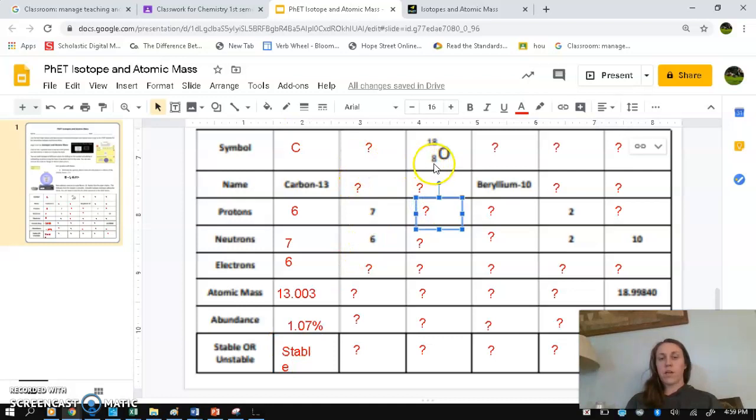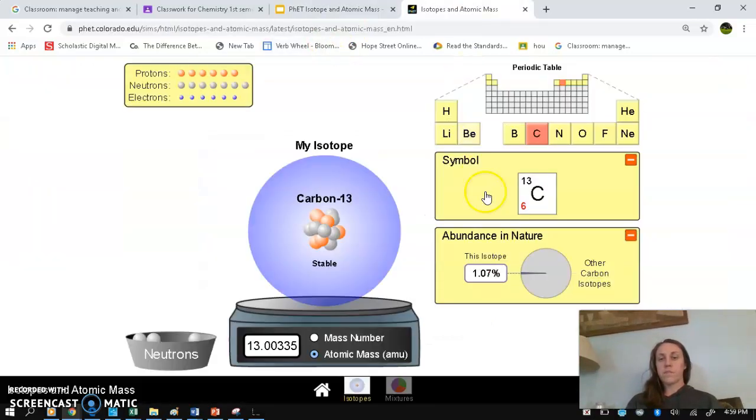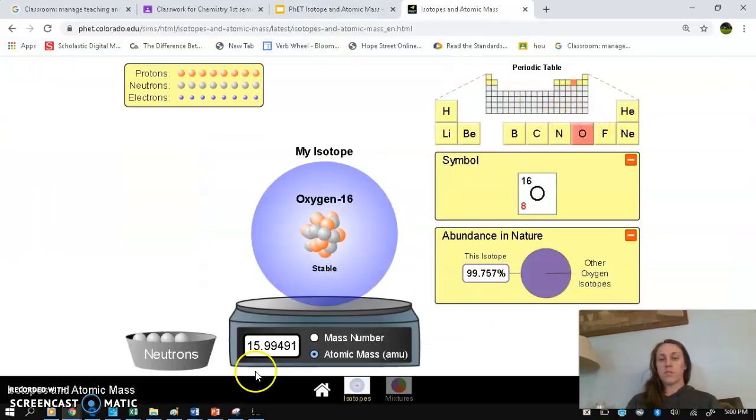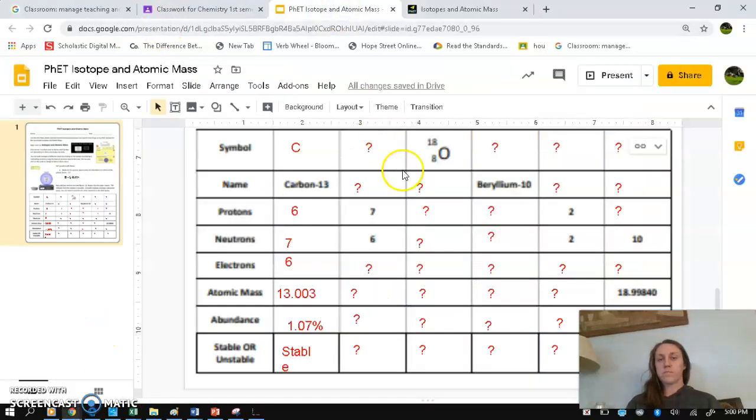Now, I wanted to go over to oxygen, and I need to make oxygen 18. But I need to make it 18, so I throw 2 down. And it does come up with 1. So you just write down the numbers, all of them are there. There's one that's a little wonky.